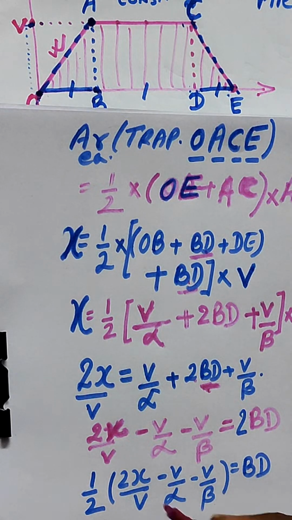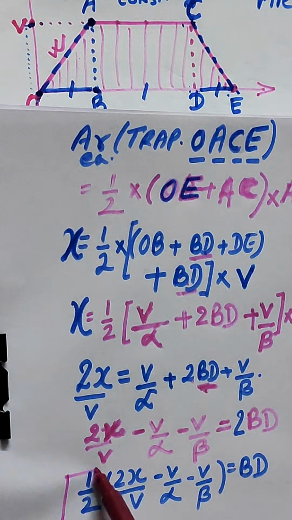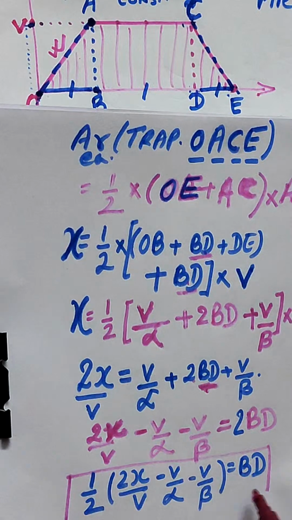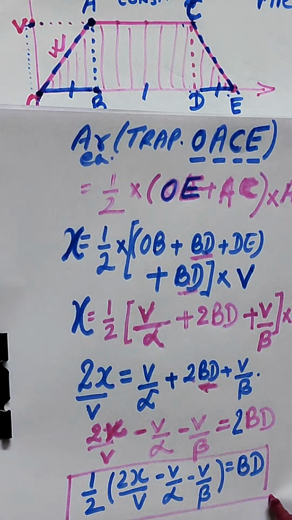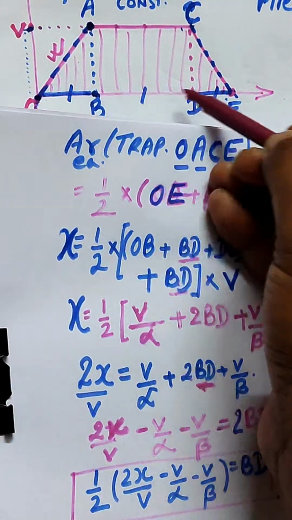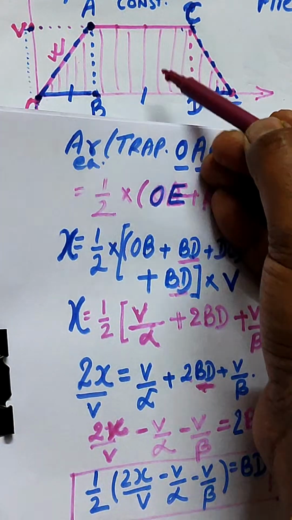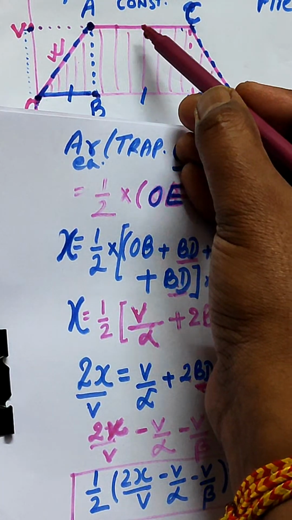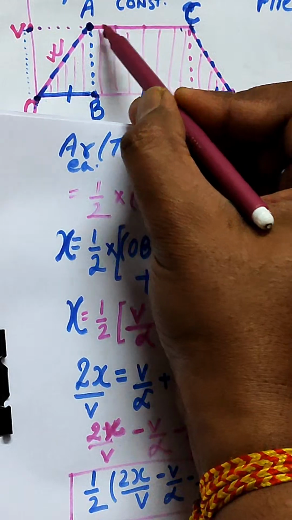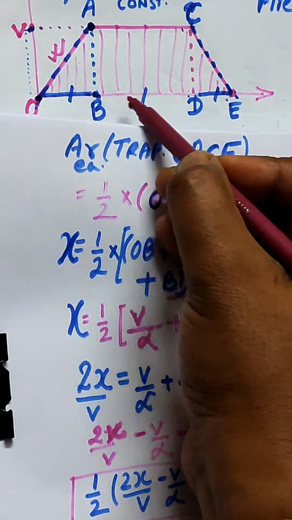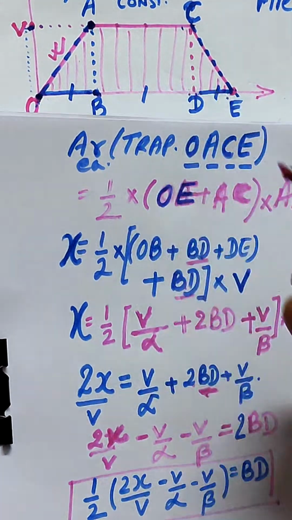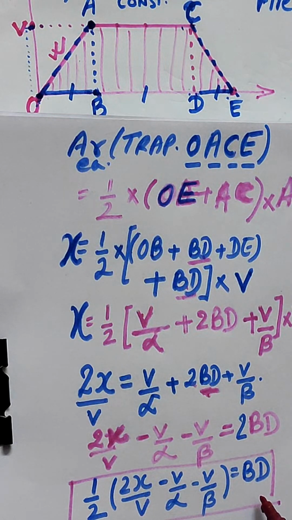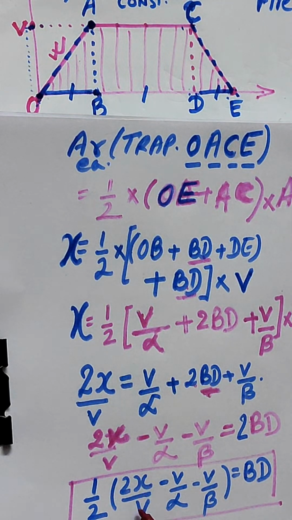So this is the value of BD which is derived. That means BD is equal to AC. This is the same portion. From A to C, it's B to D. Both are equal. So the length of BD we have derived is half of 2X by V minus V by alpha minus V by beta, right?